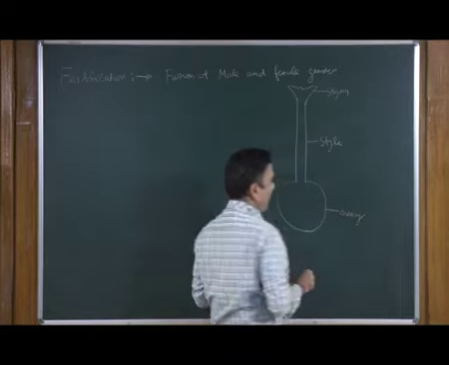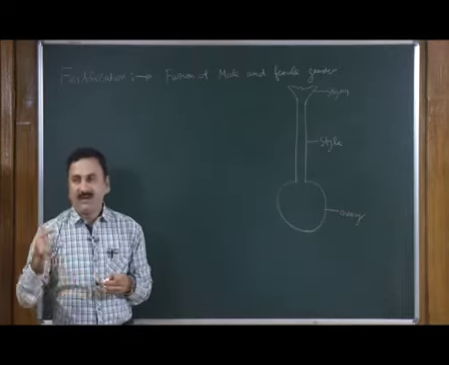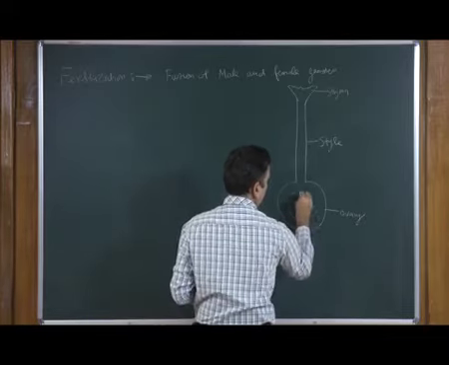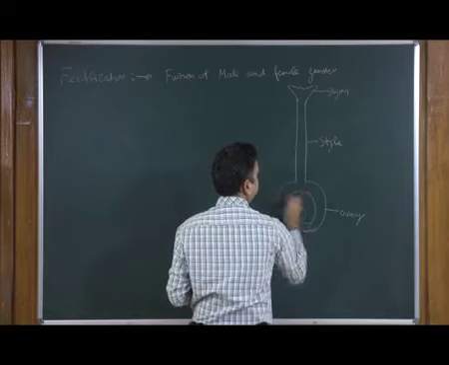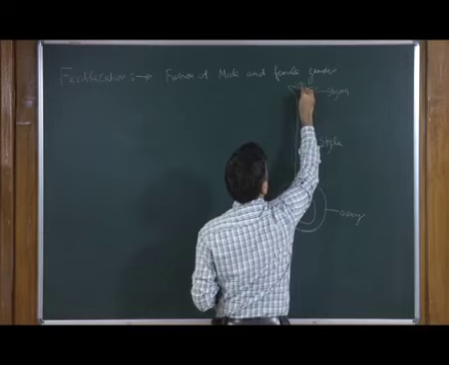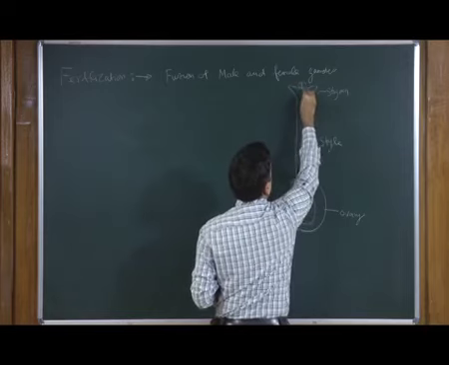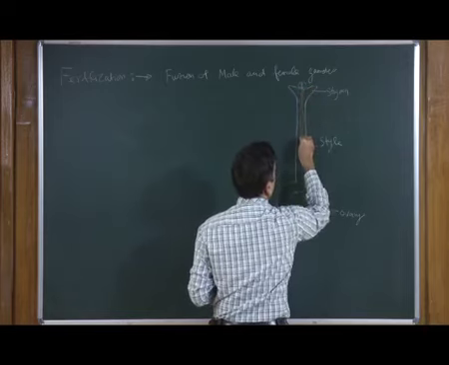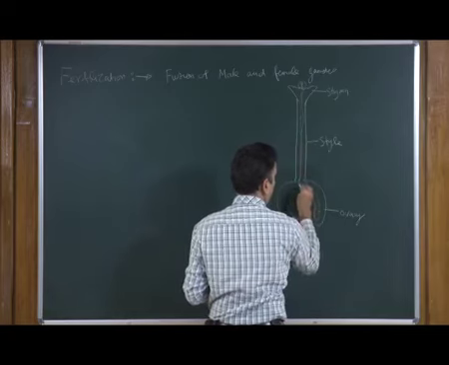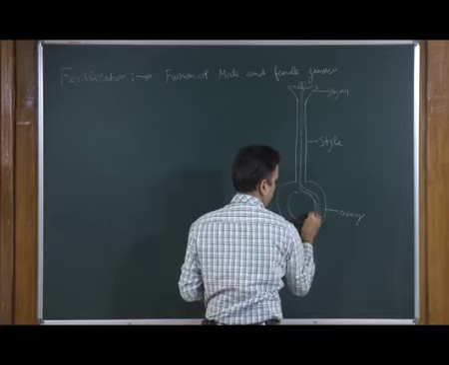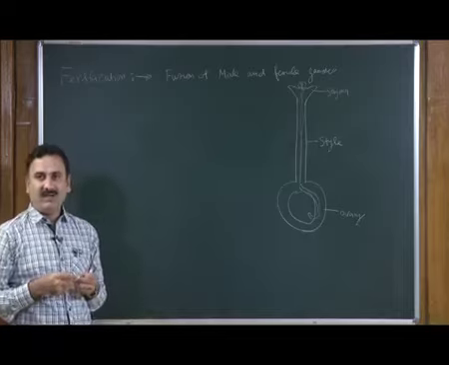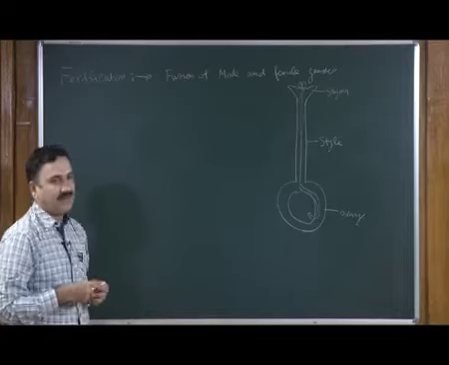Together they form the female sex organ. Within the ovary you have the ovule, where the fertilization takes place. Normally the pollen grains fall on the stigma, and then pollen tubes travel within the style, reach the ovary, and eventually reach the ovule, where they release the male gametes, and that is how fertilization is facilitated.